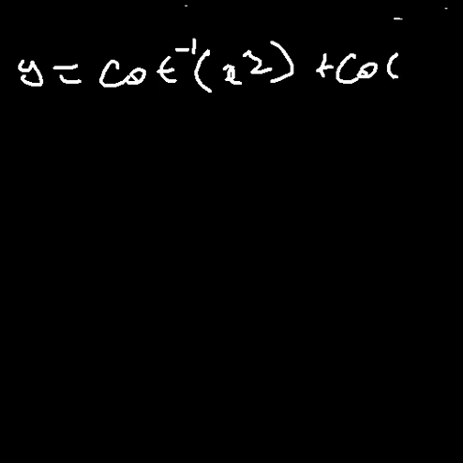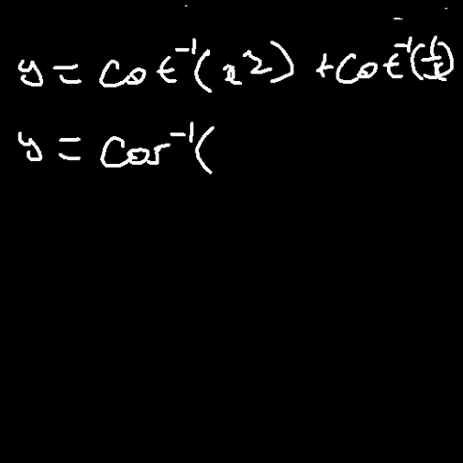Let's say y is equal to cot inverse of x squared, plus cot inverse of 1 over x. Try that one. Let's say y is equal to cos inverse of sine inverse of x.